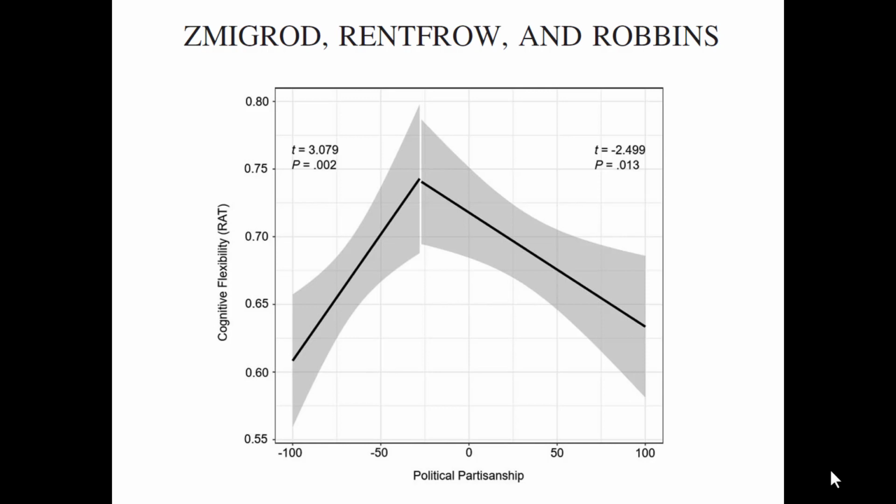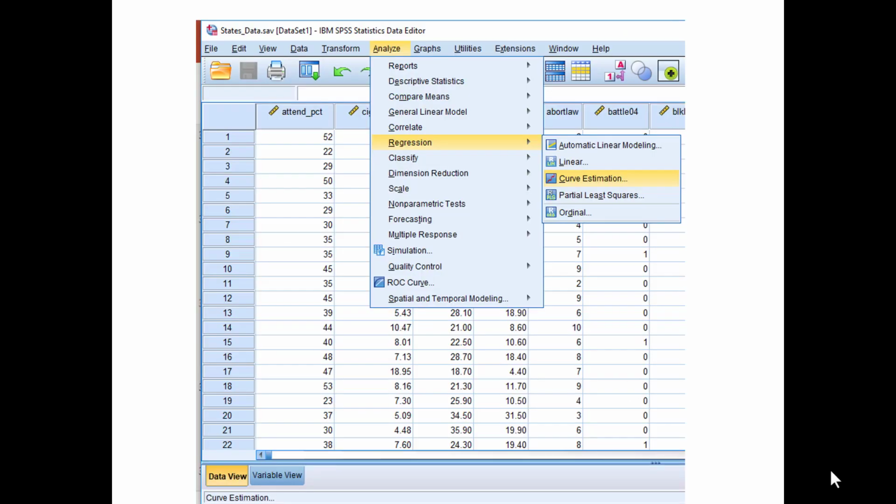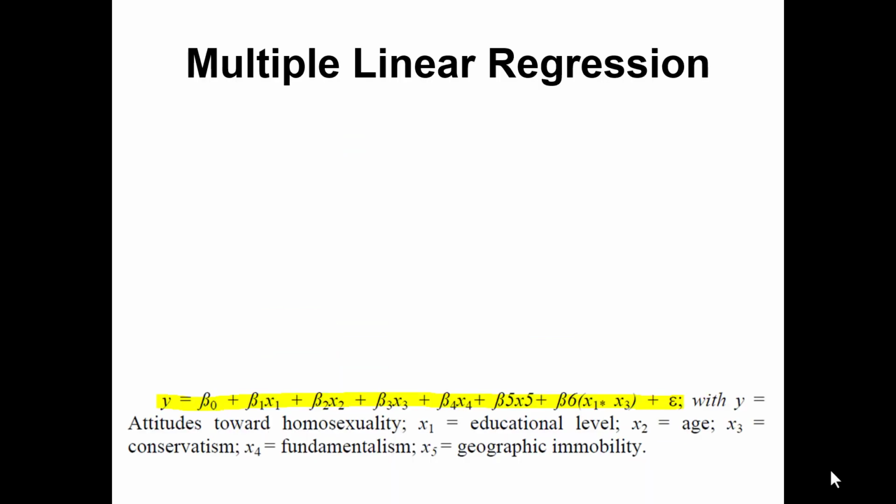And they showed this through a nonlinear quadratic relationship, right? And we could replicate that using a nonlinear model, right? And SPSS has that option. You can do curve estimations.